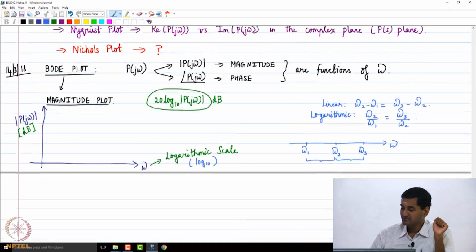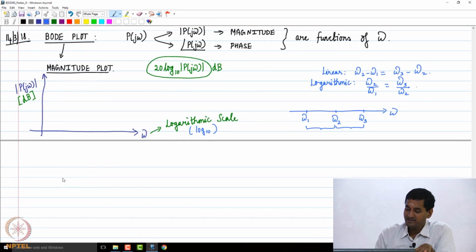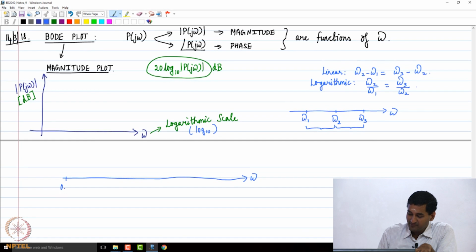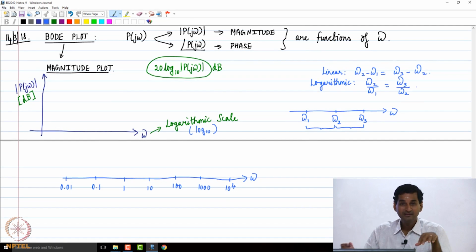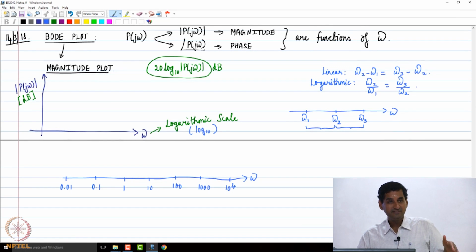See, for example, if I use a logarithmic scale and I want to plot omega, what I can do is start with, let's say, 0.01, I can call this 0.1, I can call this 1, 10, 100, let's say 1000, you get the point, right. And then I can go to 10,000 and so on. So you can see that in a finite scale, I can cover a vast range of omega, right.